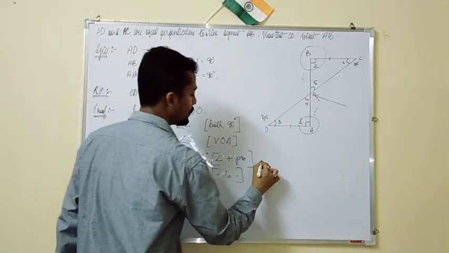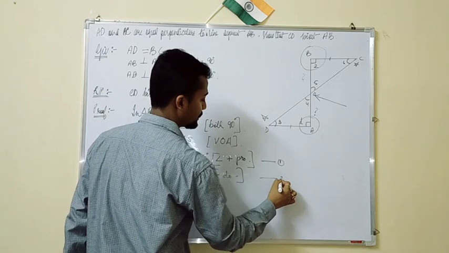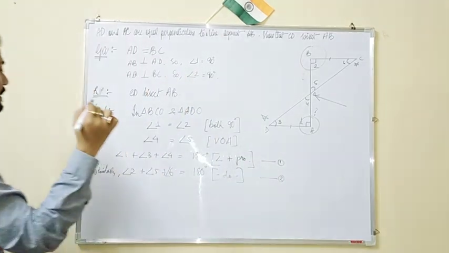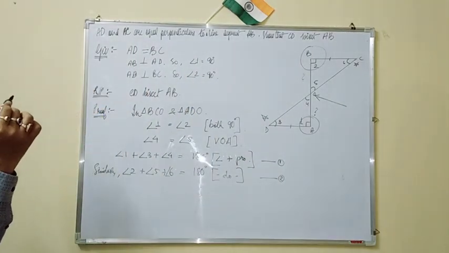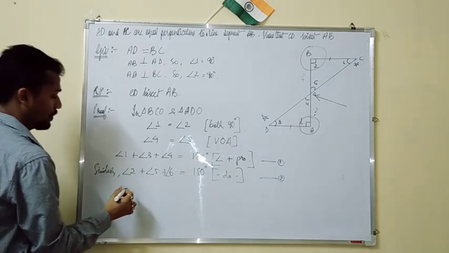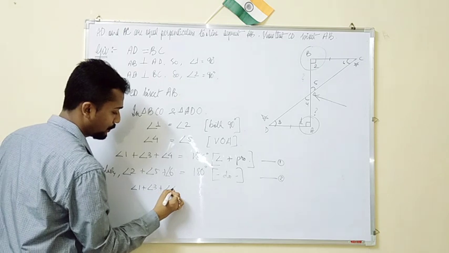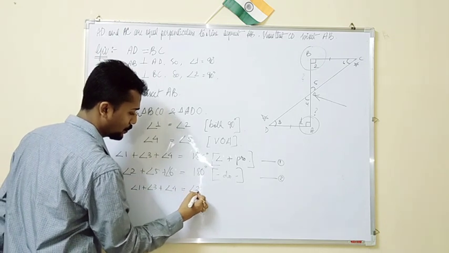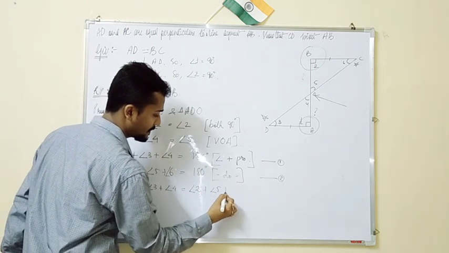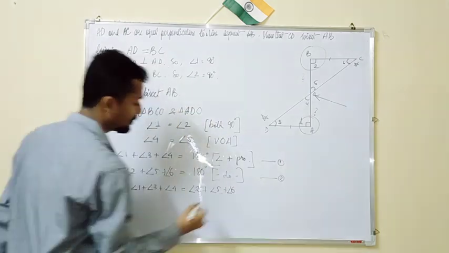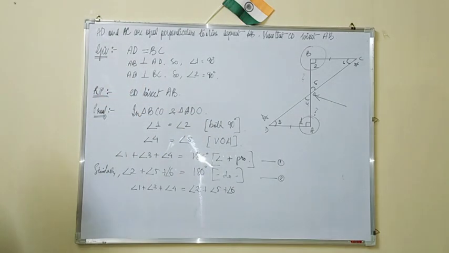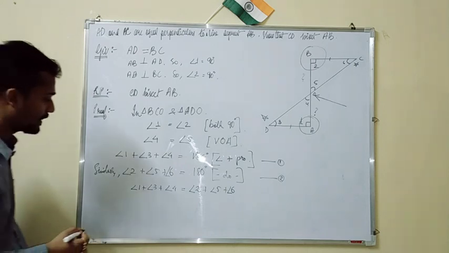Comparing 1 and 2, what do we get? We get angle 1 plus angle 3 plus angle 4 is equal to angle 2 plus angle 5 plus angle 6. Why? Both sums are equal to 180 degrees.